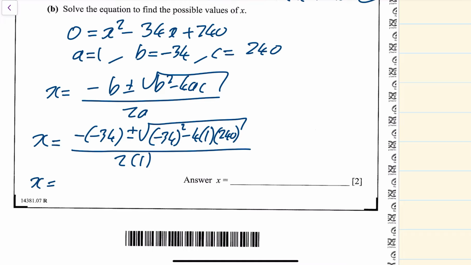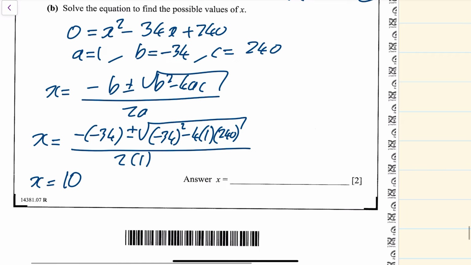And then if we do that, just do it on your calculator, do the minus first. I got 10, which shows me it would have factorized, or x is equal to, let me have a look.